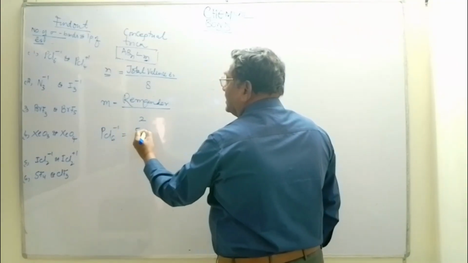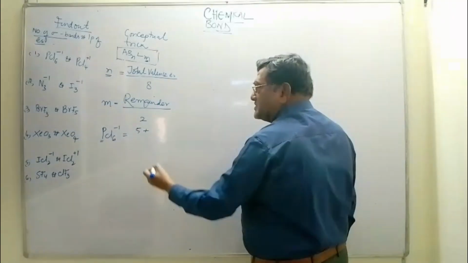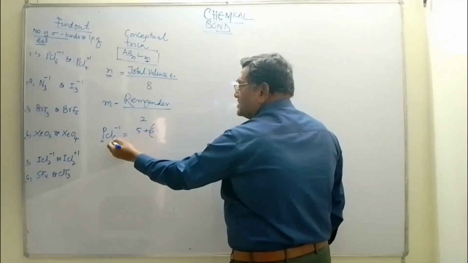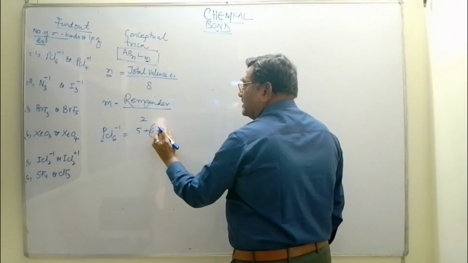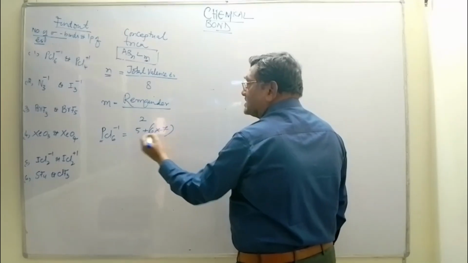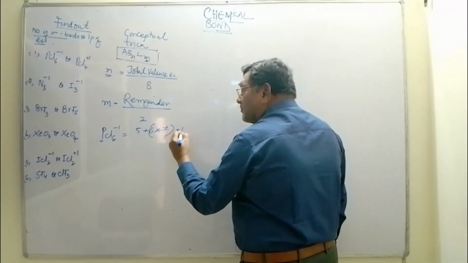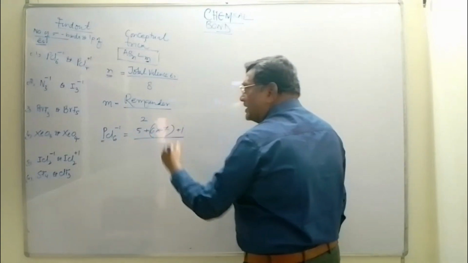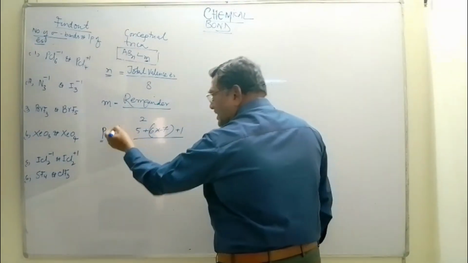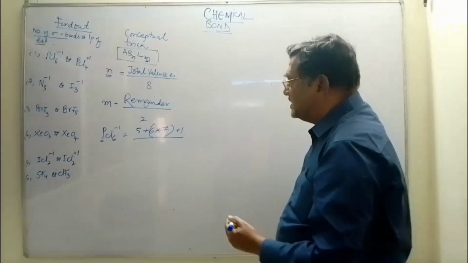The valence electrons of phosphorus is 5, and there are 6 chlorine atoms with 7 valence electrons in each chlorine. The minus is included in the total valence electrons because an extra negative charge is there.